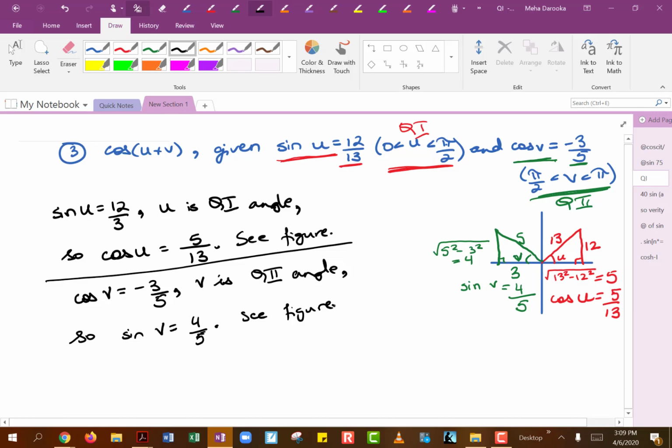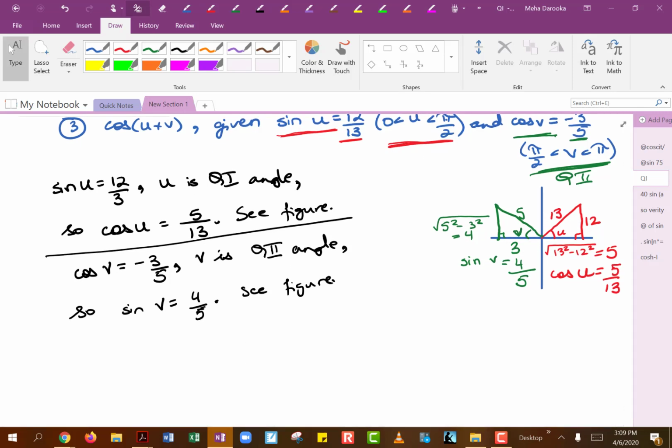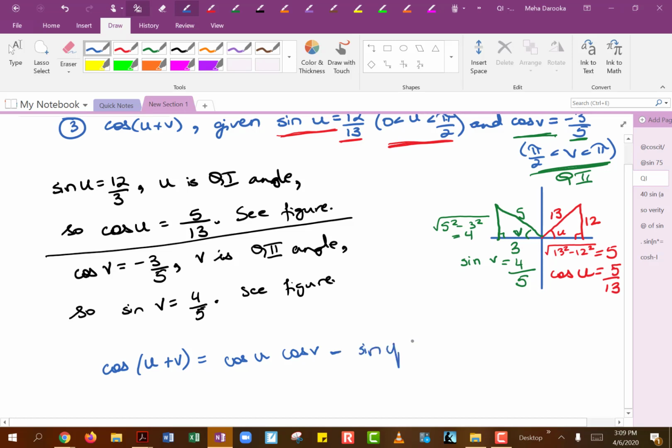Now once we have these, we can get back to our original problem, which was finding the exact value of cosine of u plus v. Okay, so let's write down what that formula is. This is cosine of u, cosine of v, minus, because the cosine function changes the sign, minus sine of u, and multiply that with sine of v.